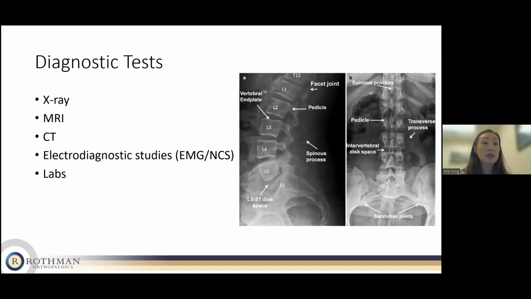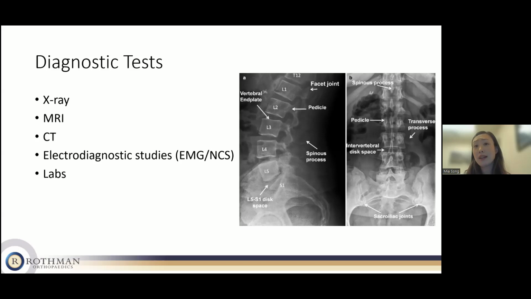Sometimes we'll order more advanced imaging like an MRI or CT scan if we think that's going to be helpful or necessary. Other testing includes electrodiagnostic studies, also called EMG or nerve conduction studies, or NCS. That's more informally called a nerve test. It looks at the nerves in your legs and coming out of your spine from the lumbar region.